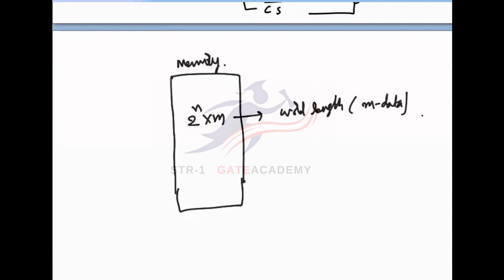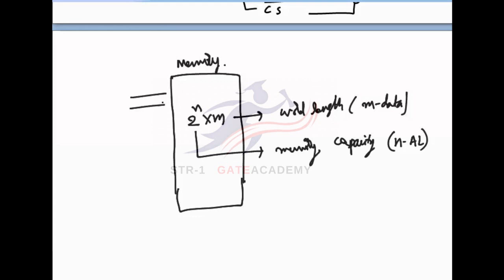M data lines it requires. And this 2 power n explains the memory capacity. Memory capacity using how many address lines? N address lines. So using n address lines, the total memory capacity is 2 power n.